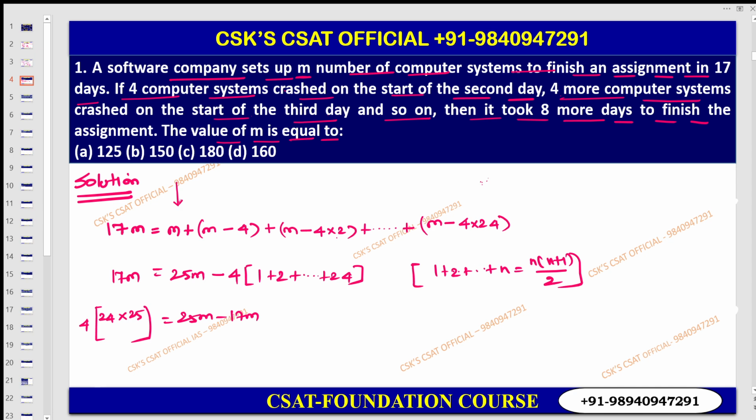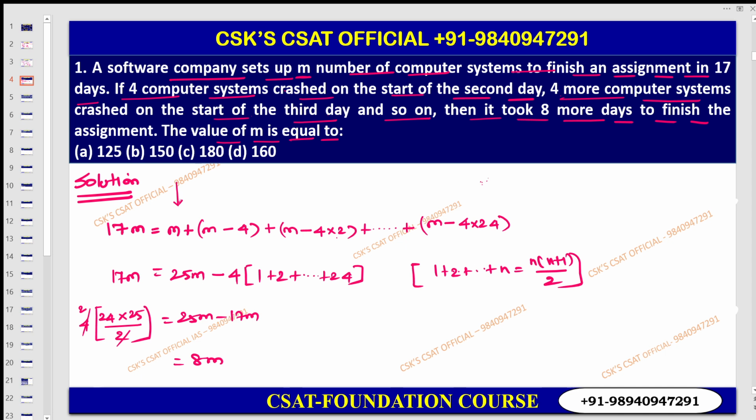That logic you can use here. Now you can cancel this, and it becomes 2. So this is equal to 25m minus 17m, which becomes 8m.